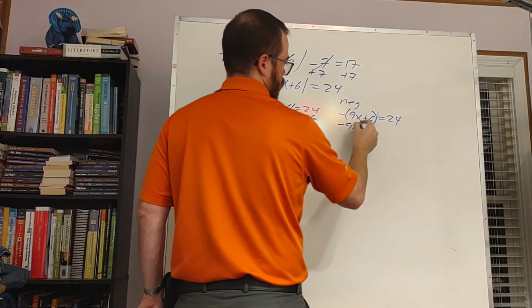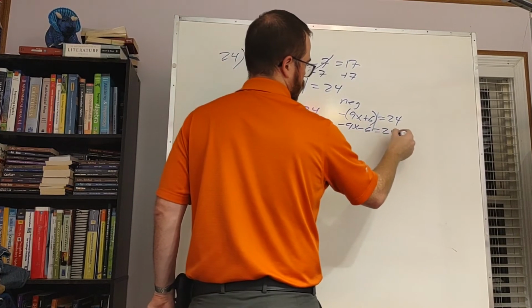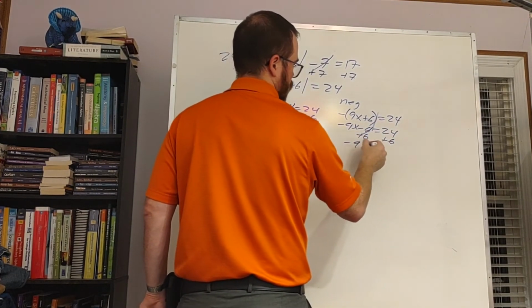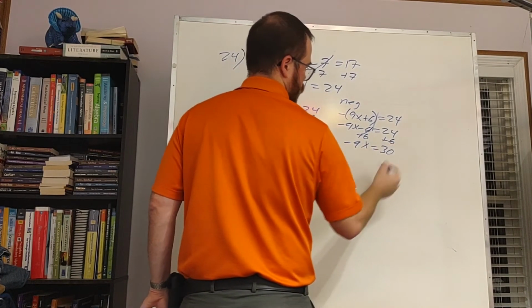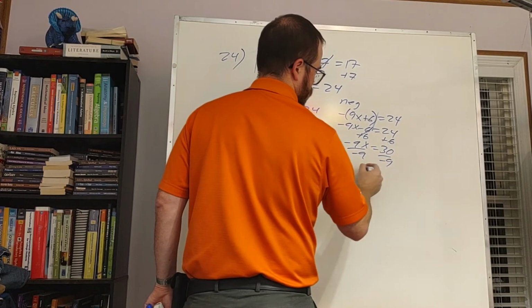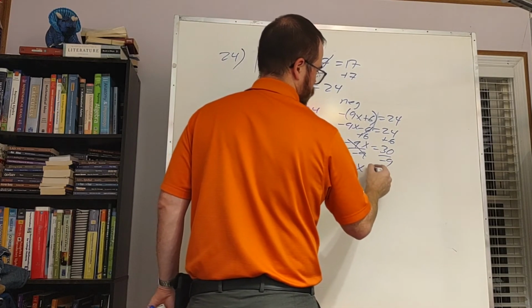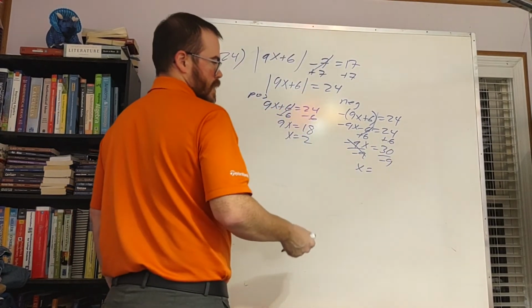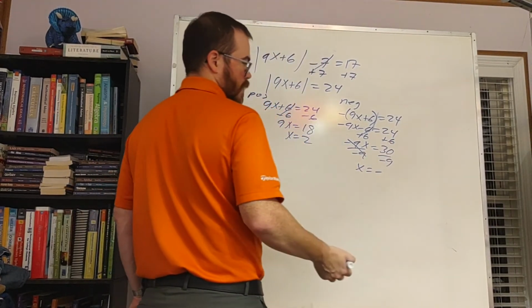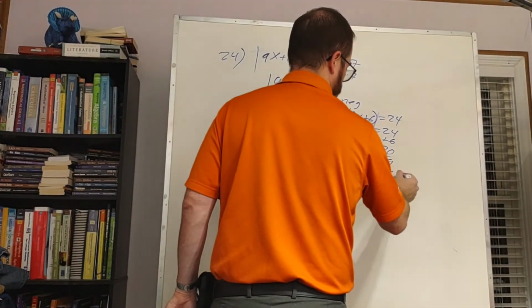We've got negative 9x minus 6 equals 24. Add 6 to both sides, so negative 9x equals 30. Okay, so we're going to divide by negative 9 on both sides. So we can simplify this one a little bit. We're going to have a negative, we can divide by 3 both top and bottom, so that's negative 10 over 3.